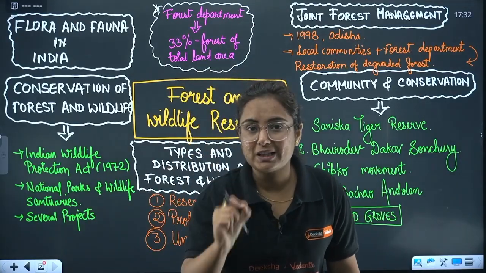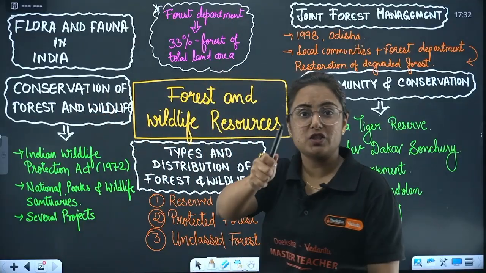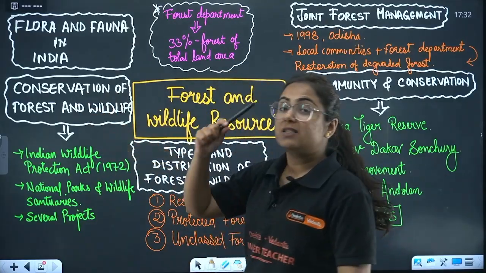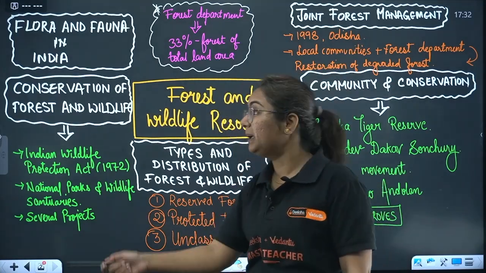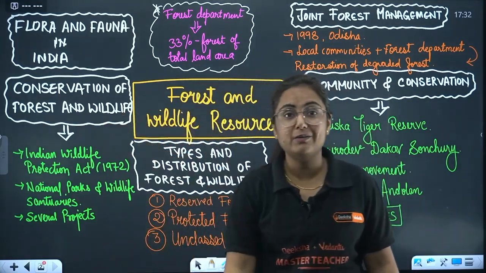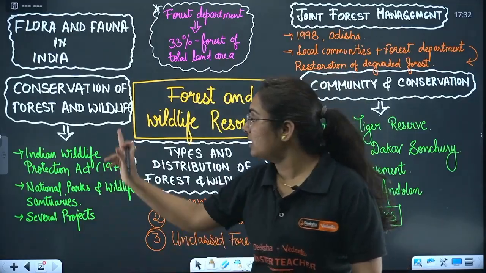The important topic that will come in your exam is question number 1: what are the steps taken by the Government of India, state government and central government for the conservation of forest and wildlife? You will be answering this first point.